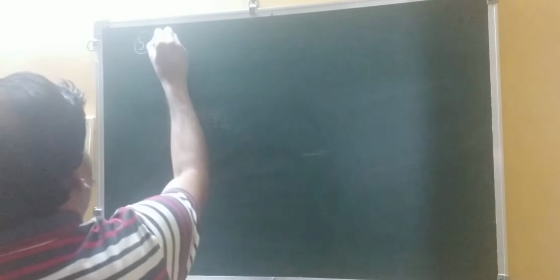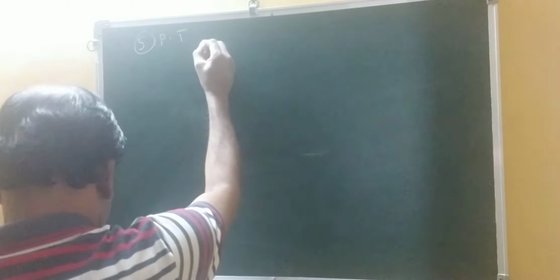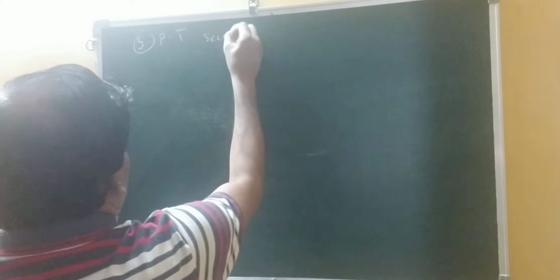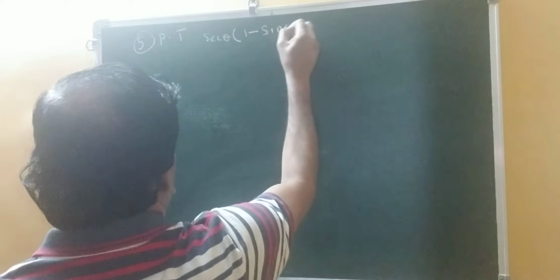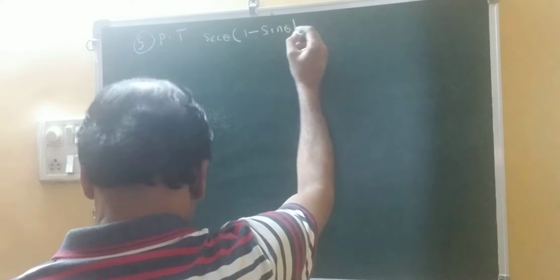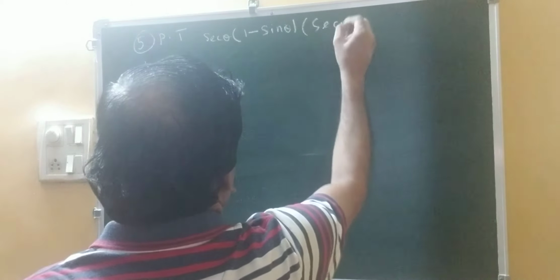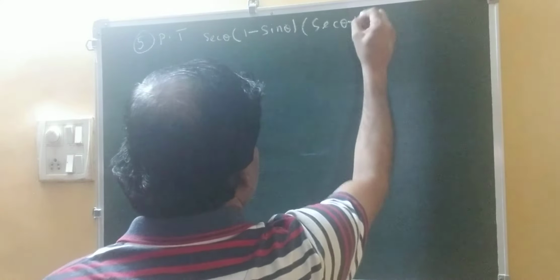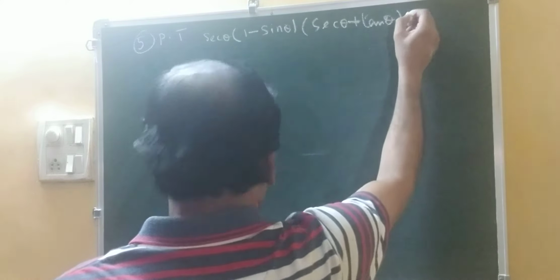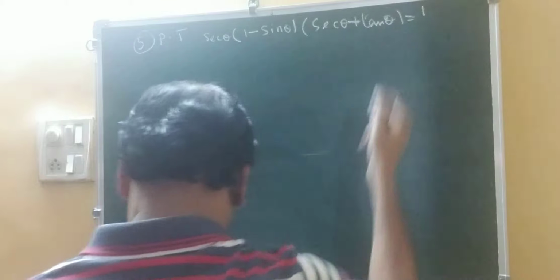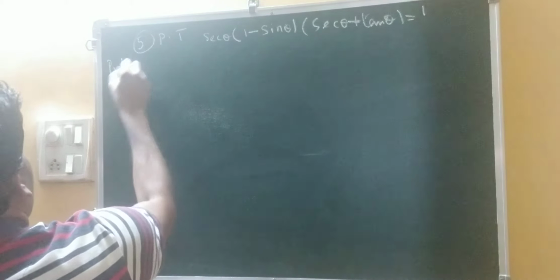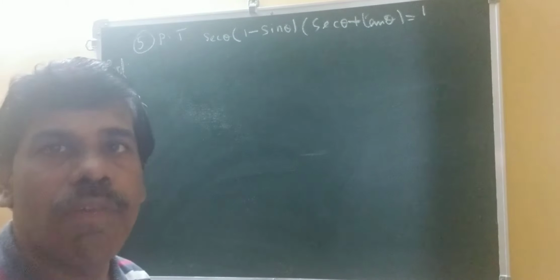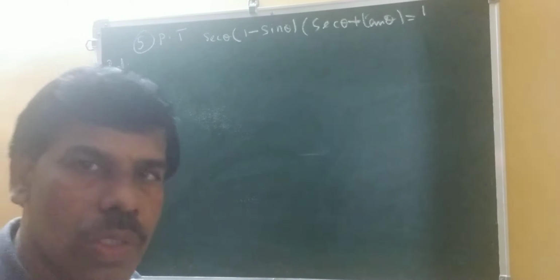This is a very interesting sum. Prove that sec theta into 1 minus sin theta into sec theta plus tan theta equal to 1. So proof means what we will do, as I told you, we will take one side and we will prove that it is equal to the other side.